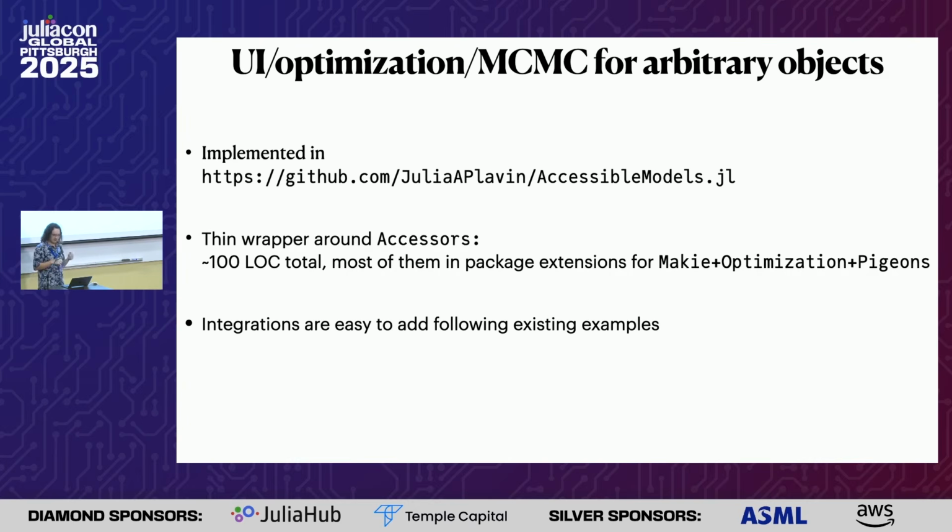Maybe Turing makes sense as well, to work with more samplers. It should be trivial to add, and it's really nice to have the same model definition. First, you play with parameters interactively, then you quickly optimize the values, and then you can do Monte Carlo sampling, always the same model definition.